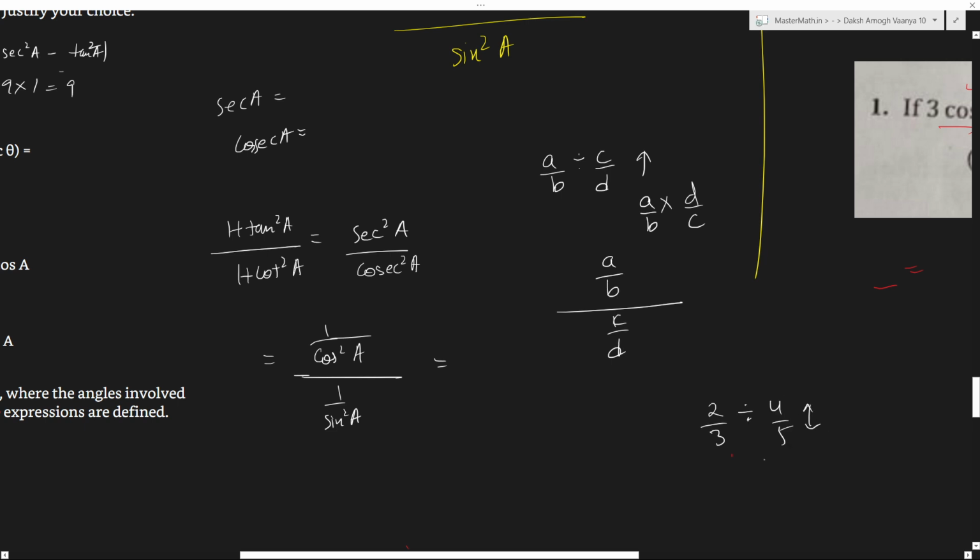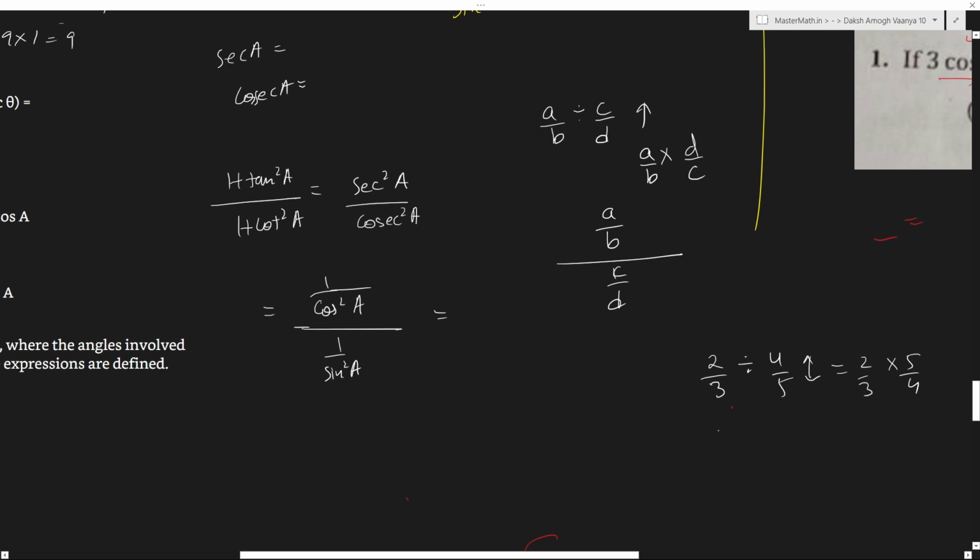I would flip this and get 2 by 3 into 5 by 4. Not a problem. Now, what if I have 2 by 3 divided by 4? We have to take 4 by 1 here.